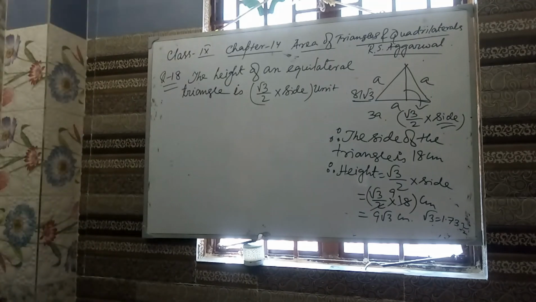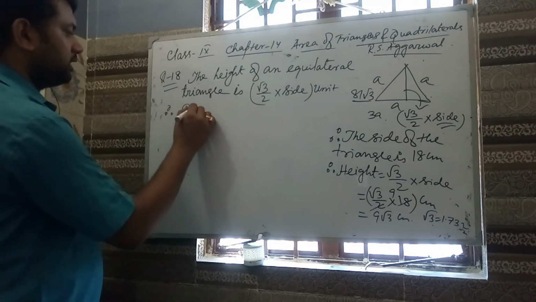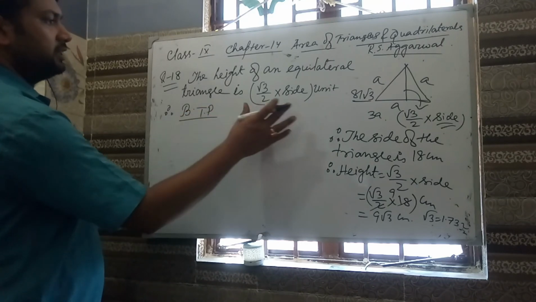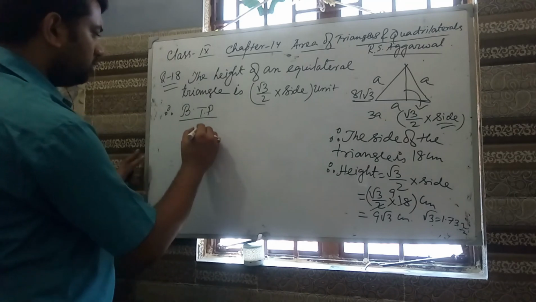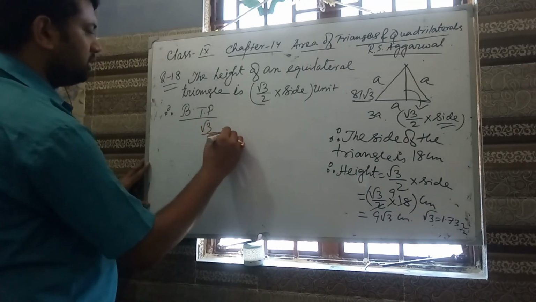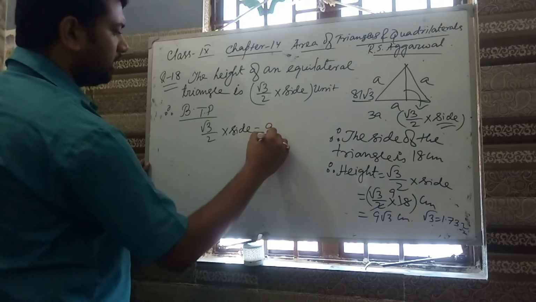Therefore, by the given problem, this height is given 9 centimeter. So root 3 by 2 into side is 9 centimeter.